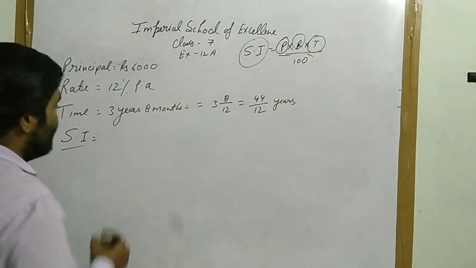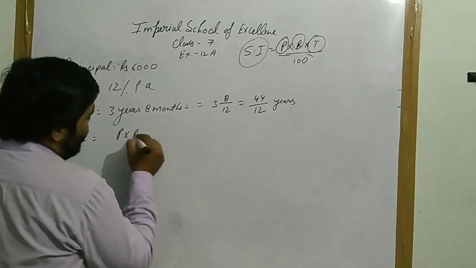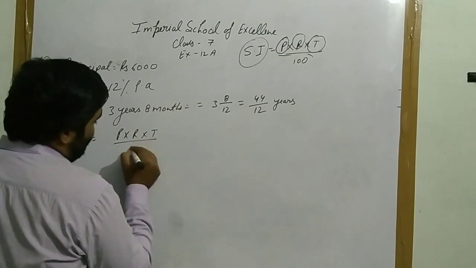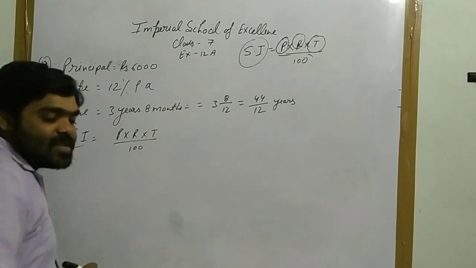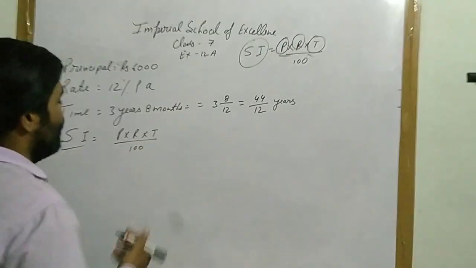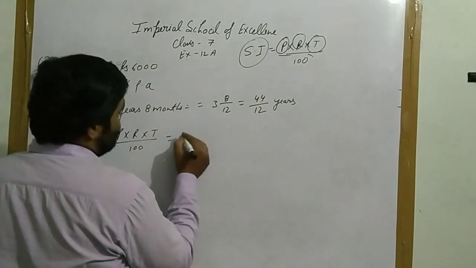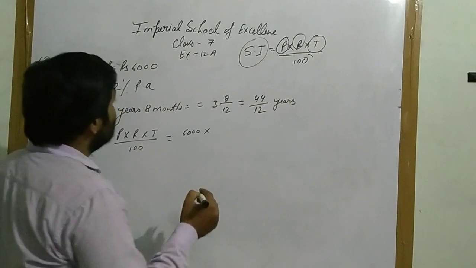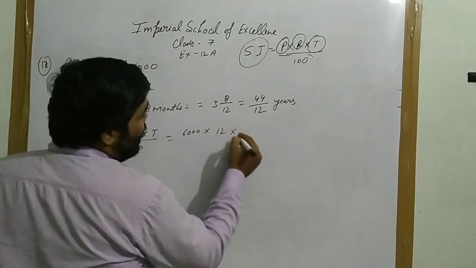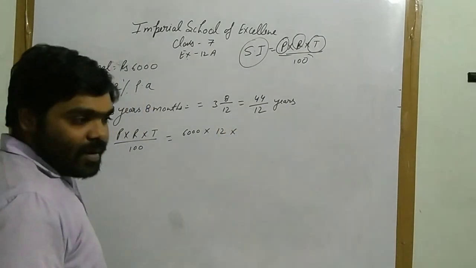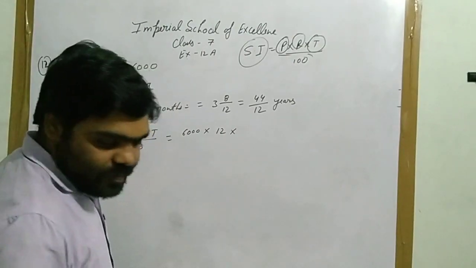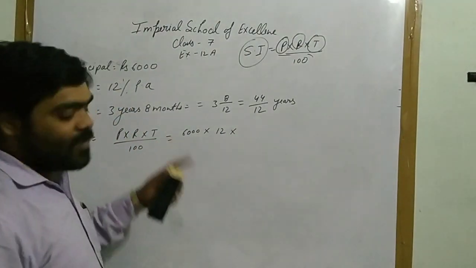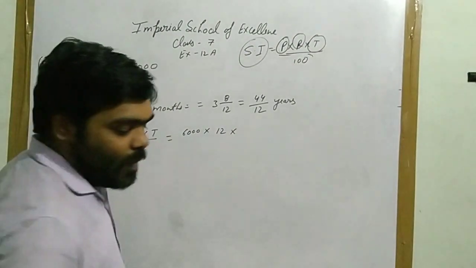The formula of SI is P into R into T upon 100. Principal into rate into time upon 100. Principal is 6,000, rate is 12%, and time is 44 upon 12.